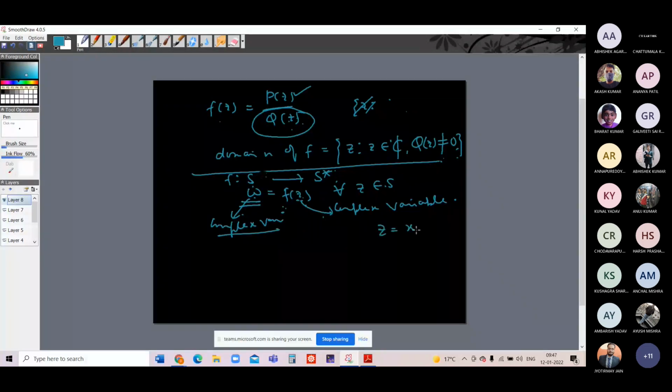If z is defined like x plus iy, then w will be like this, u plus iv. u is the real and v is the imaginary part of this w, but here u must be a function of x, y and v is also a function of x, y. So यहाँ पर x और y क्या होता है? They are real numbers, but here u and v are real valued functions of x and y.